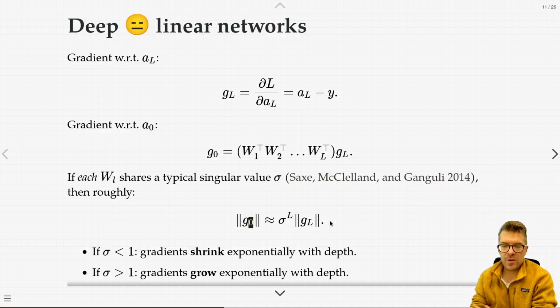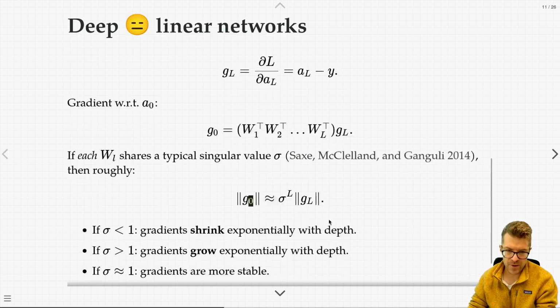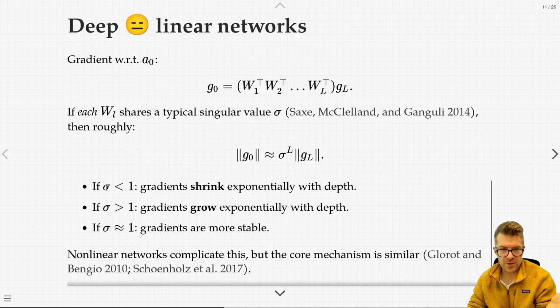Earlier I was talking about the logic of multiplying together scalars that are small, that are less than 1. If you do that, everything's going to collapse into something very small indeed. And the same logic applies here.